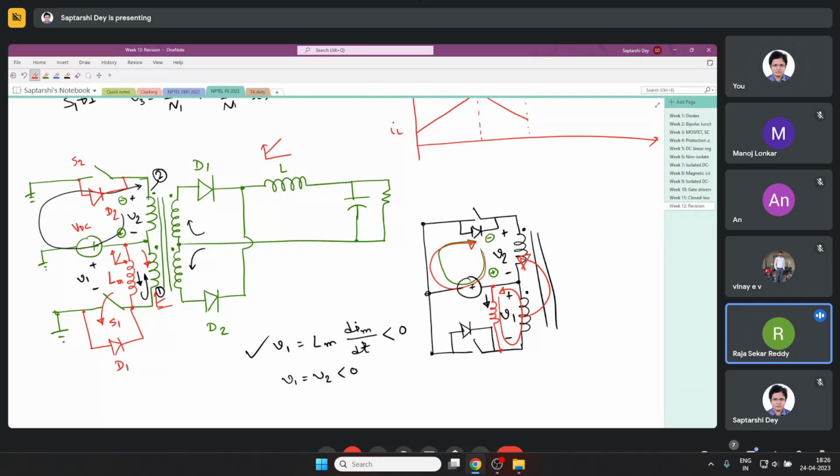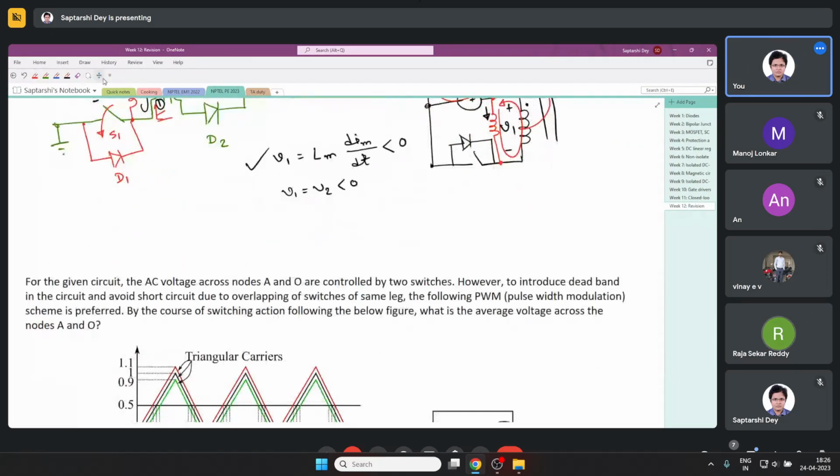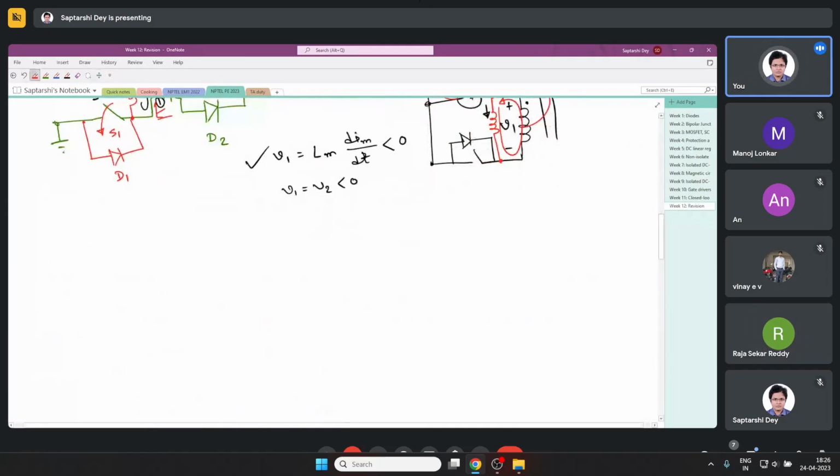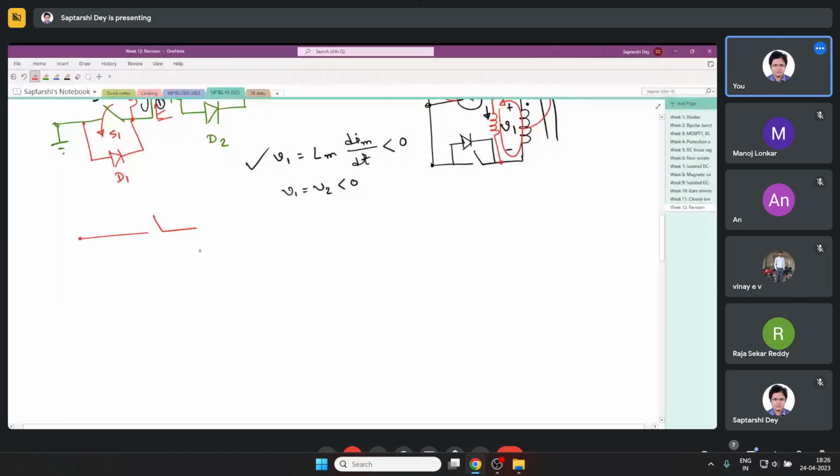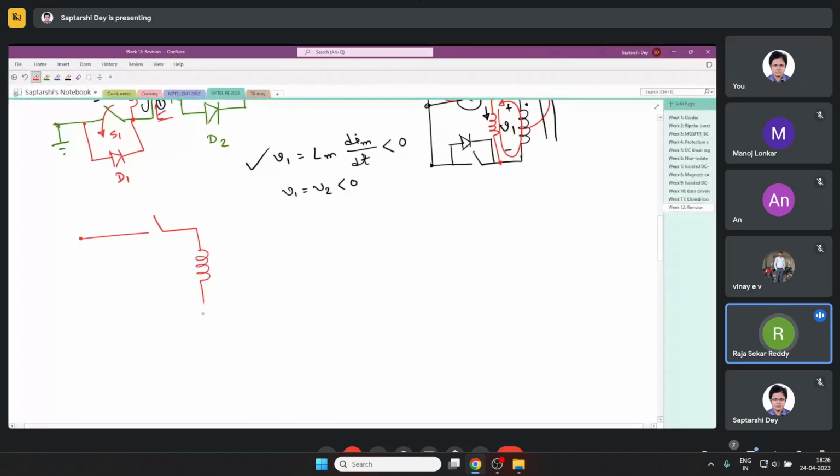Now if we draw this circuit once again and look at what happens when S2 is closed. This was the circuit.